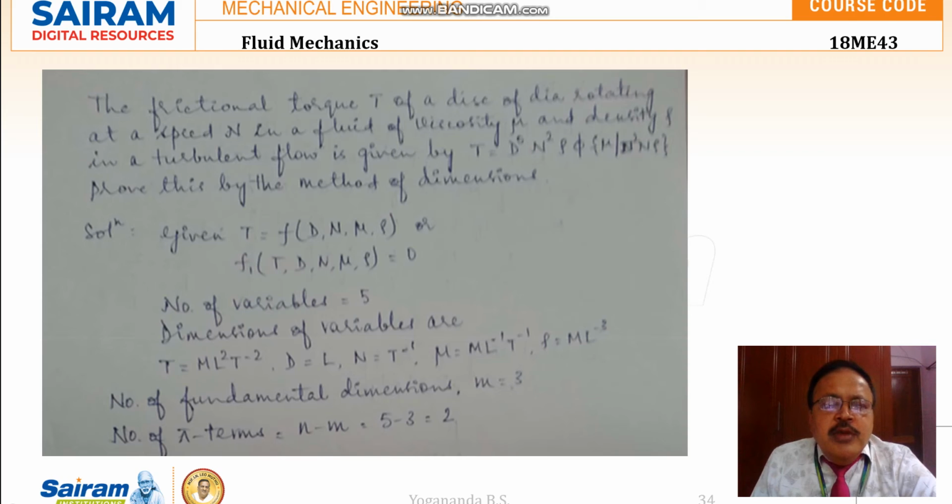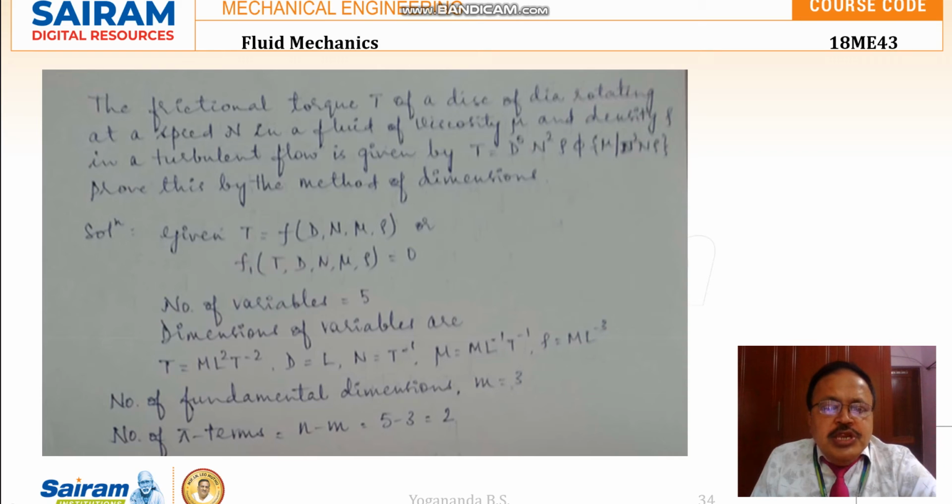So number of variables used is 5. Now the dimensions of the variables for each term. Torque, so twisting moment, is nothing but force into distance.